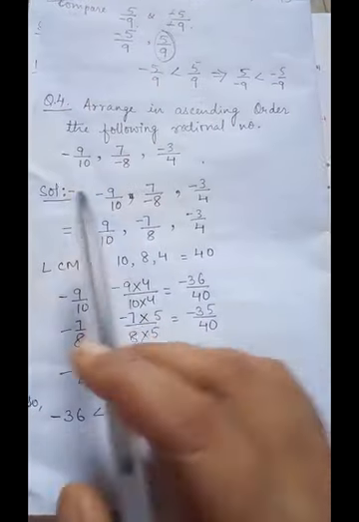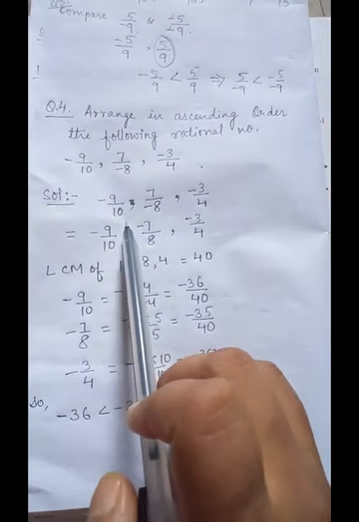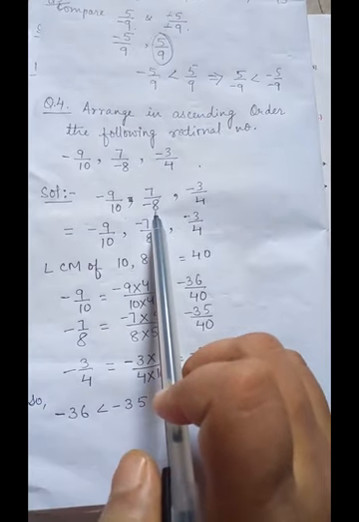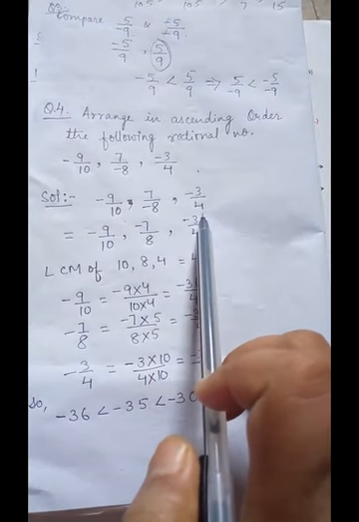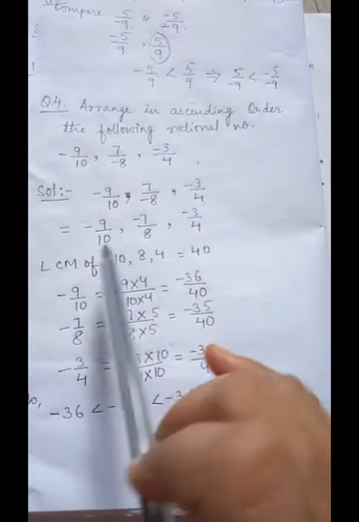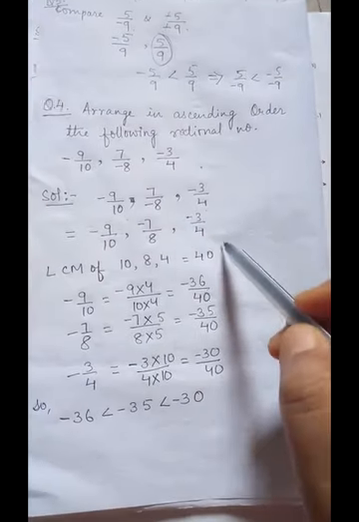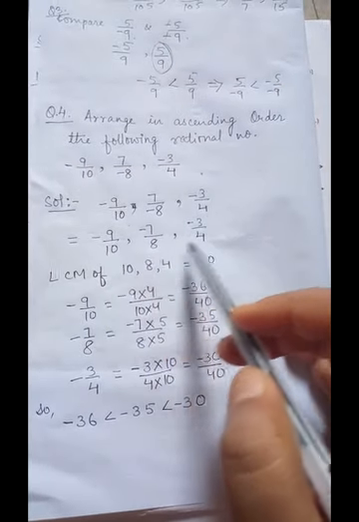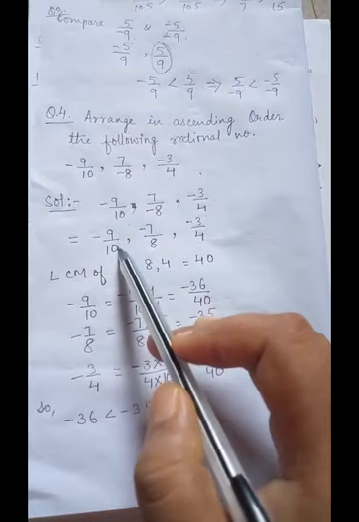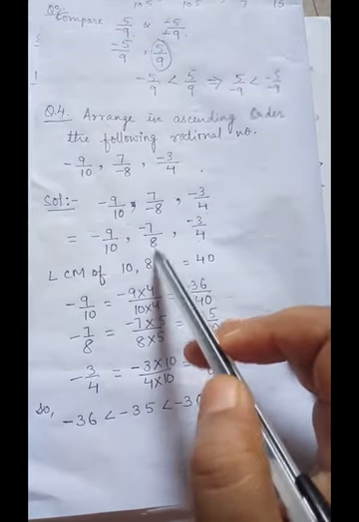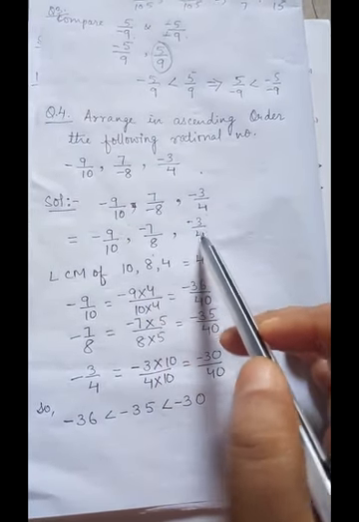So here it is minus 9 by 10, 7 upon minus 8, and this is 3 by 4. Before starting the question, you have to convert them into standard form. So minus 9 by 10, this is minus 7 by 8, and this is 3 by 4.